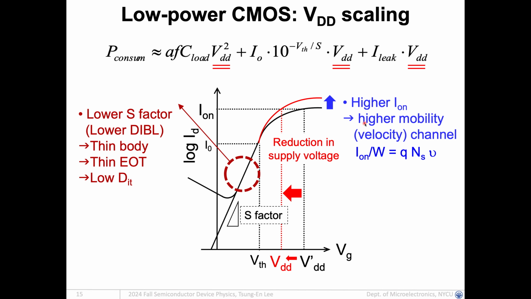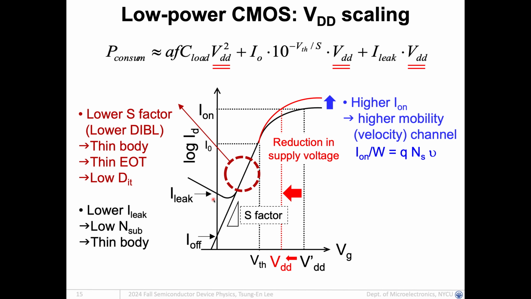And the other way is to improve the slope of this switching behavior, which is mainly determined by the trap or subthreshold leakage or short channel effects such as DIBL. The way to improve that part can be summarized as channel thickness thinning, or equivalent oxide thickness thinning, or trap density reduction.